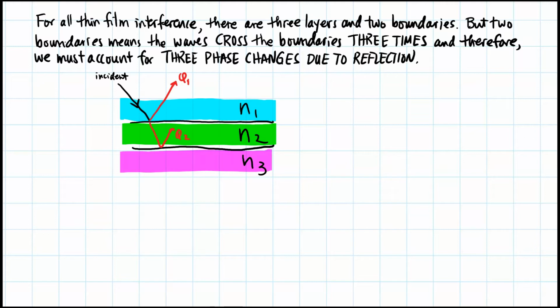The second phase. But there's a third phase because now the refracted ray is going to cross between boundary 2 and 1. There's a phase change as it, even though we don't look at this reflected wave, there's a change in phase. So the refracted ray, we have to account for 2 phases, Phi2 and Phi3.